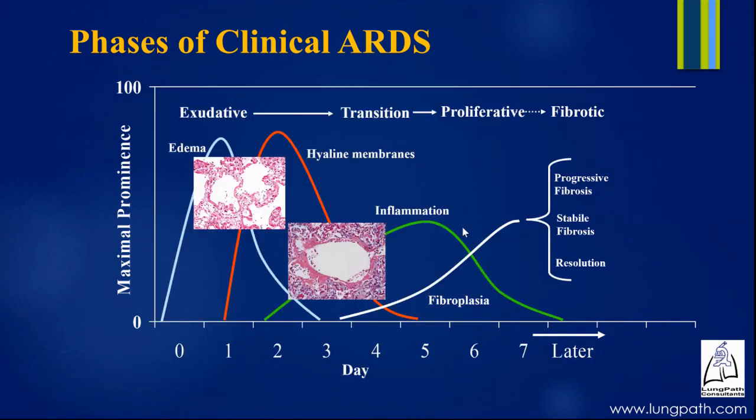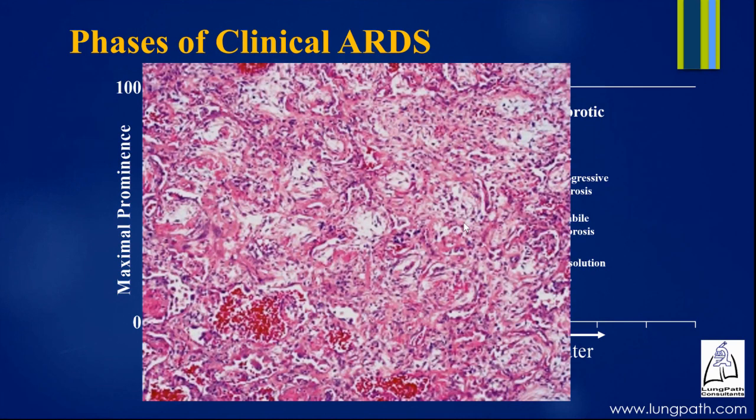And out at about 10 days, that fibroblast migration leads to a picture that looks like this, where all the alveolar spaces are filled with these immature fibroblasts, a process we call organizing pneumonia. If you see hyaline membranes in this, you would call it organizing diffuse alveolar damage. Not all organizing pneumonias arise from diffuse alveolar damage. Organizing pneumonia can occur from anything from infection to drug reaction to autoimmune disease.